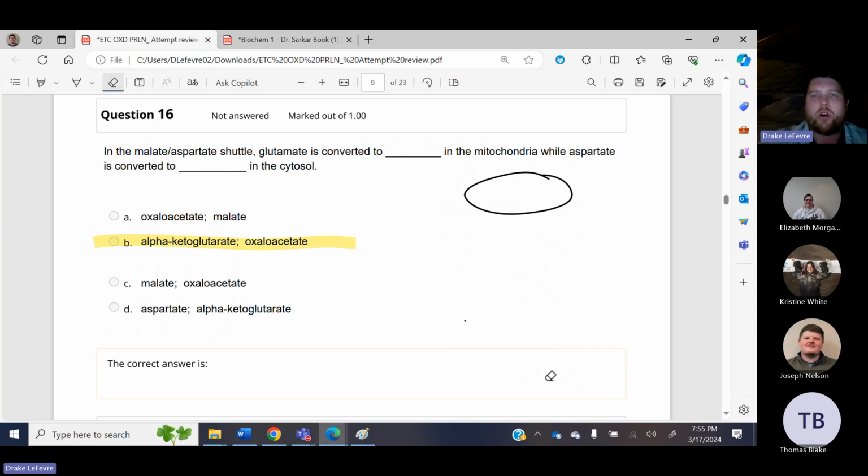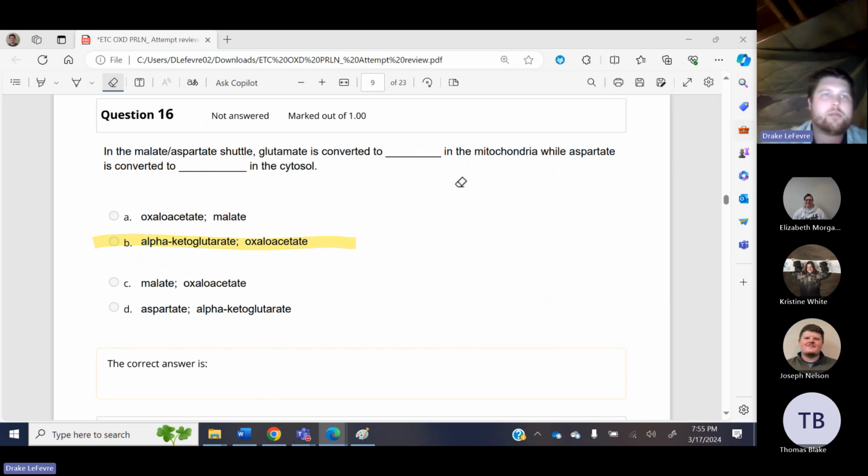We could even draw it more broken down, kind of like this.